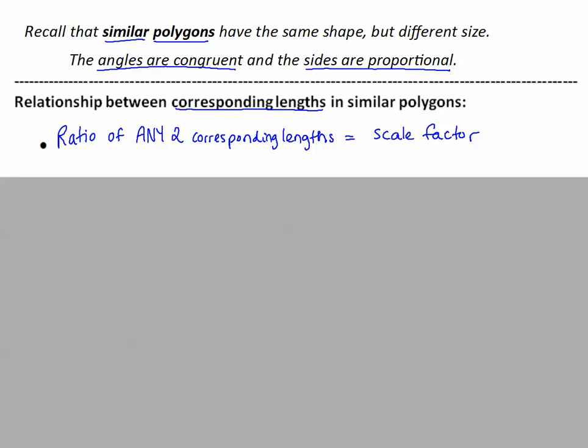But it doesn't have to just be the side. Any corresponding lengths, when we say any, that means the sides, the altitudes, and adding up all the sides, which is the perimeters. Any corresponding lengths, put them over each other to make a ratio, and you get the scale factor.